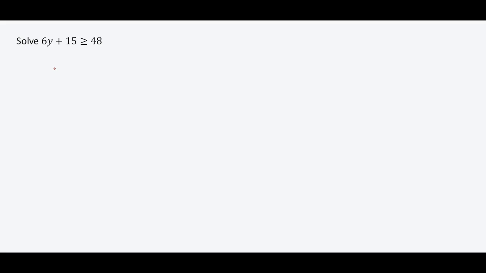Second inequality here, 6y plus 15 greater than or equal to 48. So I'm going to isolate the variable by moving the constant to the right hand side. So I'm going to subtract 15. So let's look at 48 minus 15. That is 33.